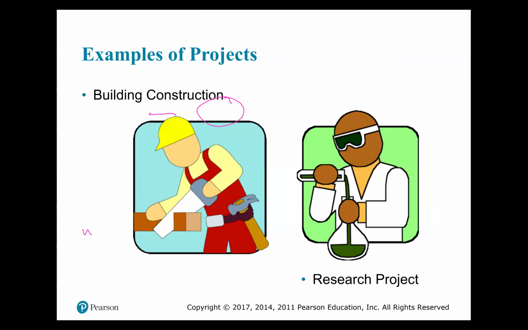Examples of projects: building construction. You see so many apartments going up and each has its own unique appearance. While they are places to live, they don't quite have the same outlay and look pretty much the same.